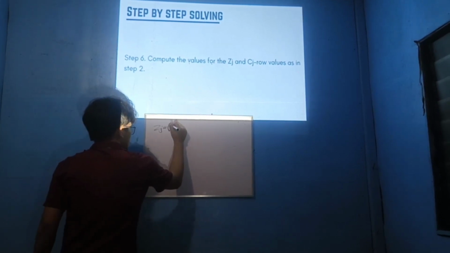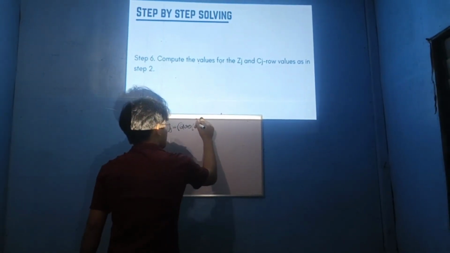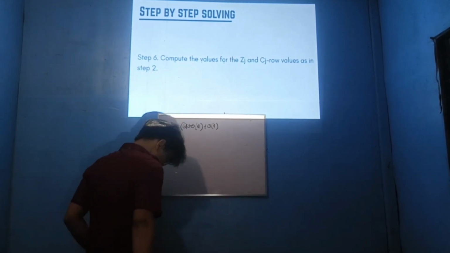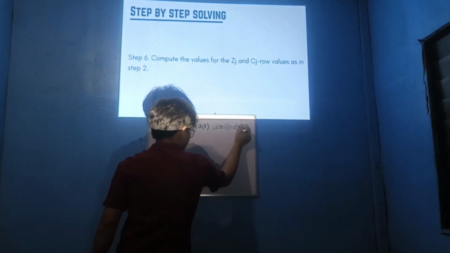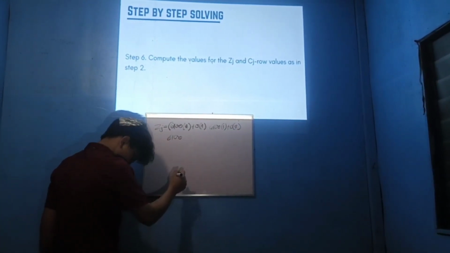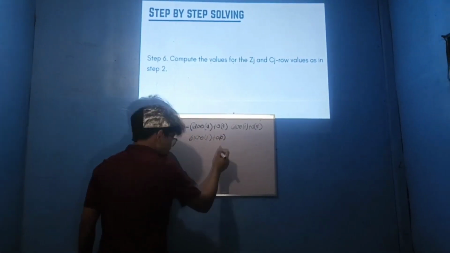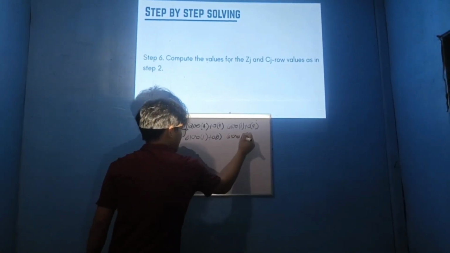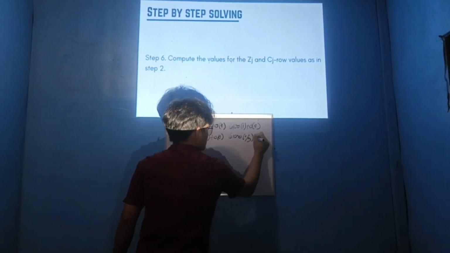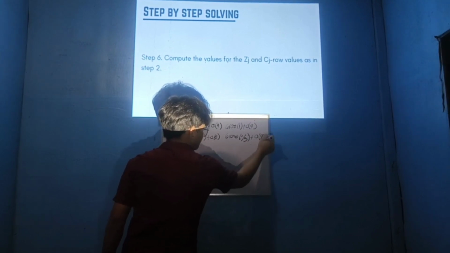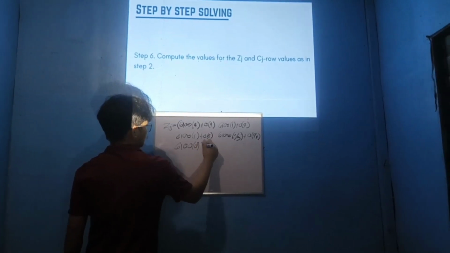It is equal to 6,100 times 4 plus 0 times 4, and 6,100 times 1 plus 0 times 4, and 6,100 times 1 plus 0 times 0, and 6,100 times 1/3 plus 0 times 1, and lastly 6,100 times 0 plus 0 times 0.